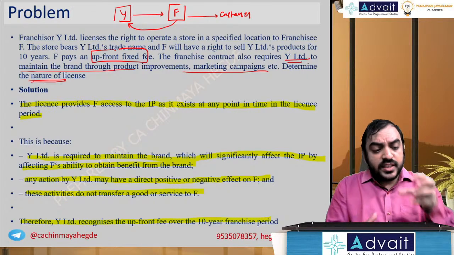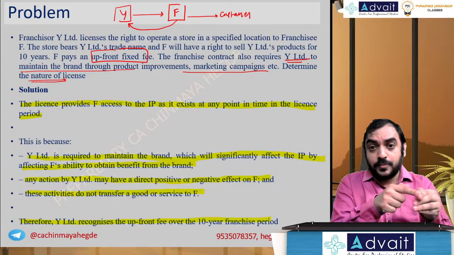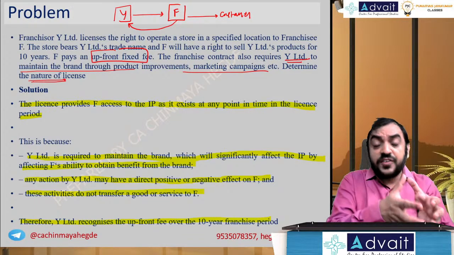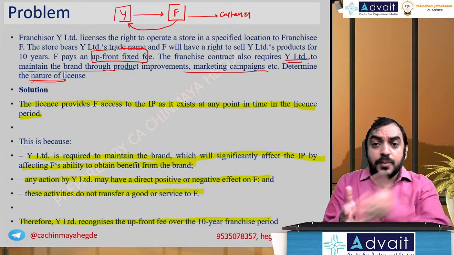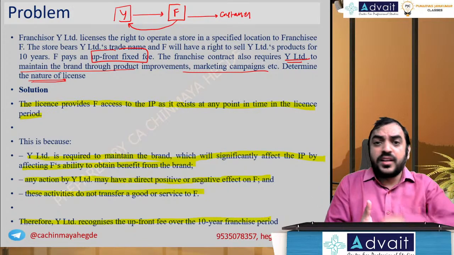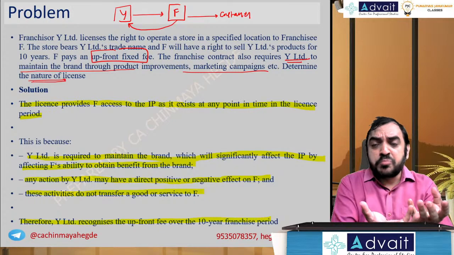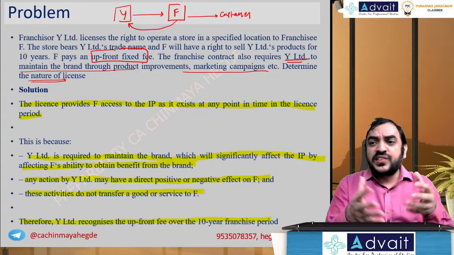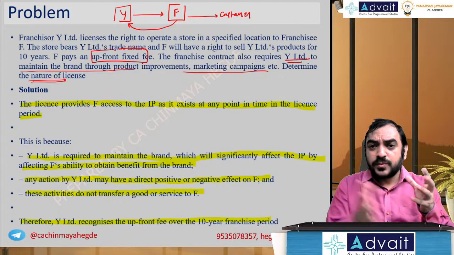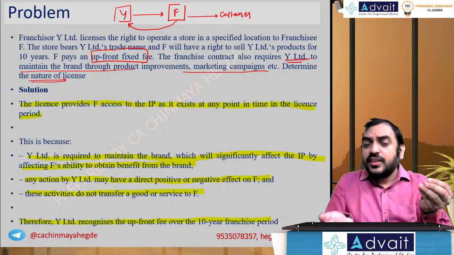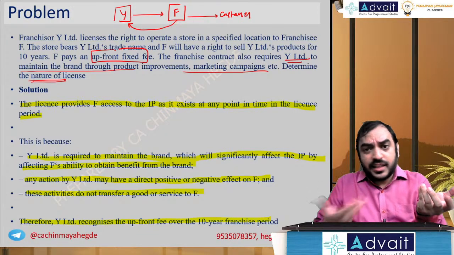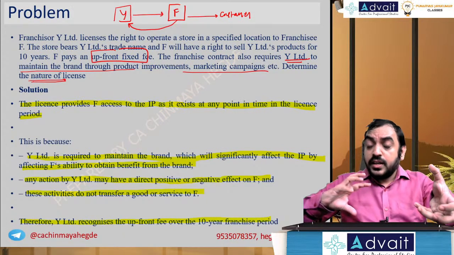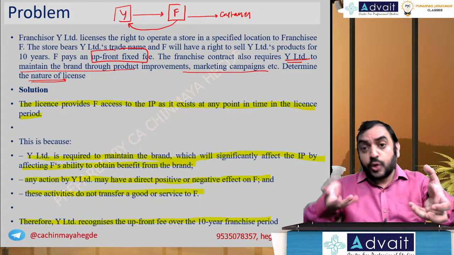Whatever activities are done by these people, that is product development, advertisement campaign, marketing, this is definitely going to have a serious impact, because if the Apple phone is not functioning properly, some negative news comes, they are not doing product development, some new app they are not providing, or somebody says there is a hearing issue with the product, if there is a defect, this authorized distributor's sales also will be affected. Or if you get a positive review on the product, the distributor company's sales also will increase.